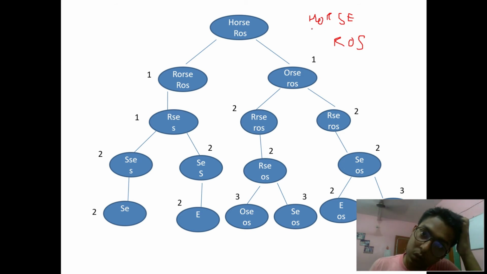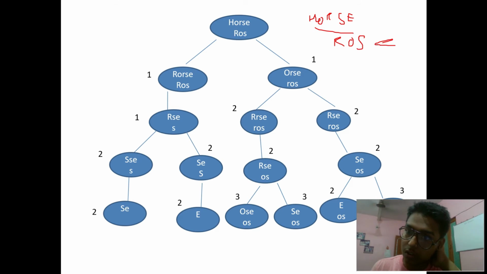So we need to convert horse to ROS. As I said, either I can replace H or I can delete H, because H is not matching with R. So either I delete H or replace H with R.